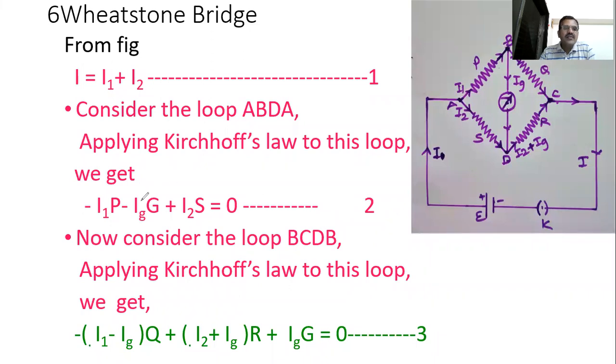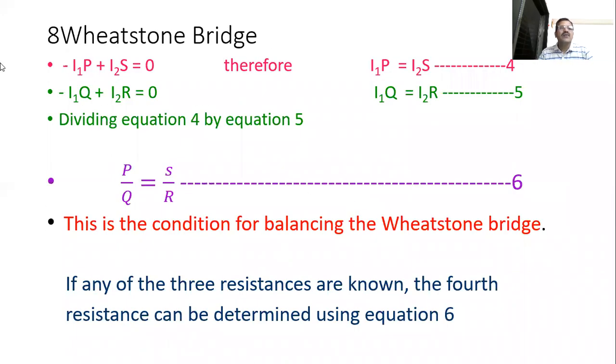What will we get? The term Ig into G will become 0, and what will remain is minus I1P plus I2S is equal to 0.